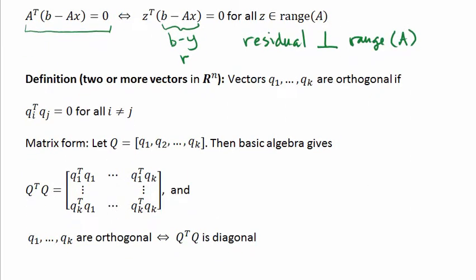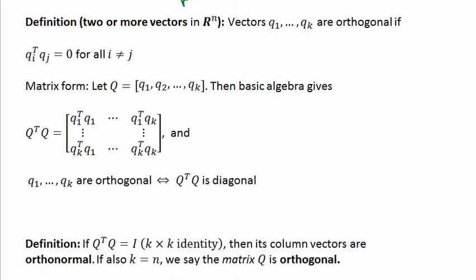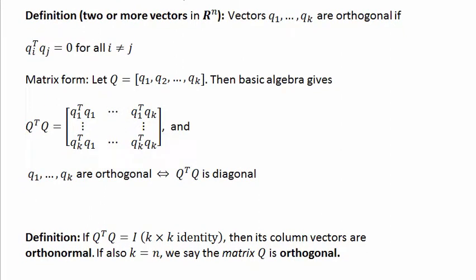Now, if we want to go from two vectors in Rn to more vectors in Rn, let's say we have k vectors, we say that the vectors as a set are orthogonal if they are pairwise orthogonal. So the inner product between any two of them is 0 if you pick two different ones.